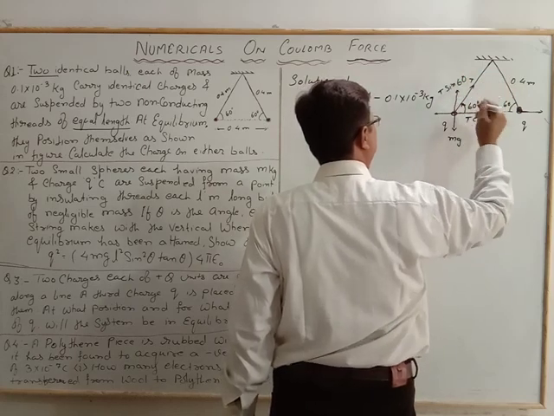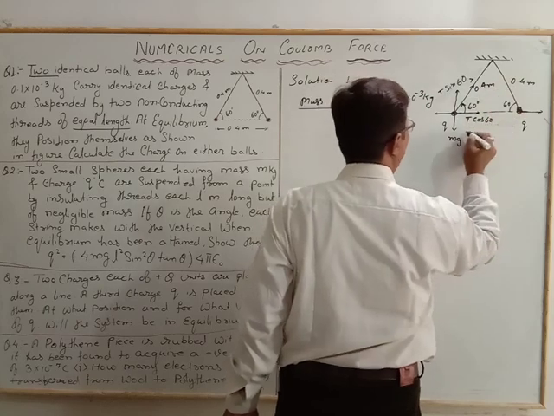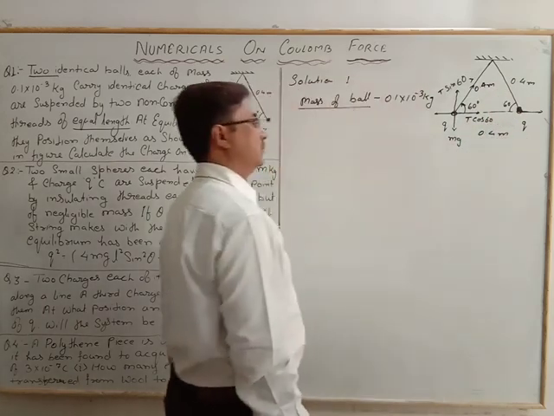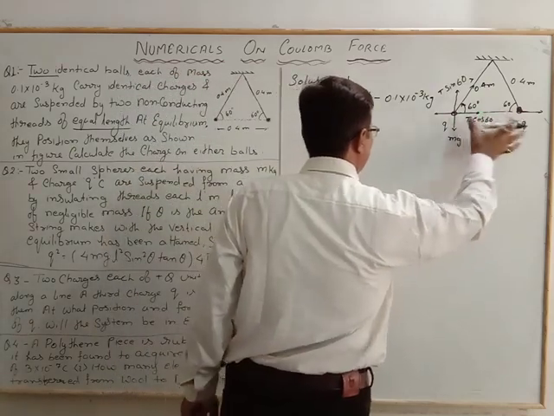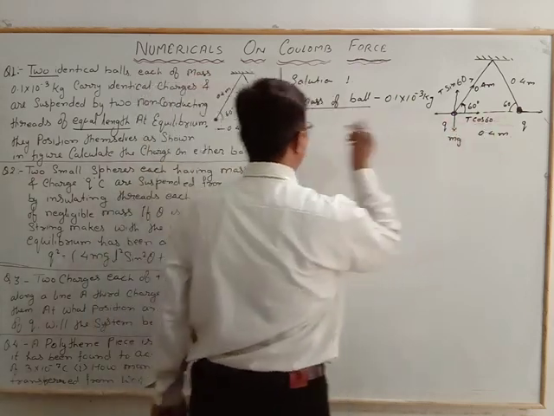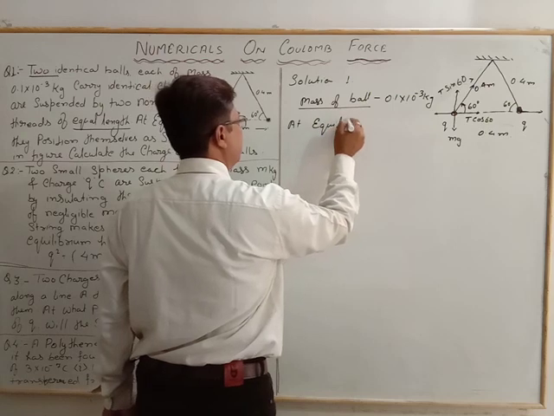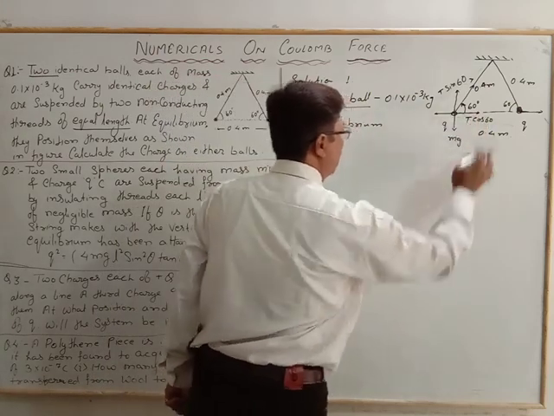This length is 0.4 meter, here also the length is 0.4 meter, and that is the separation. Both the charges are in equilibrium, so at equilibrium these forces are counterbalanced.